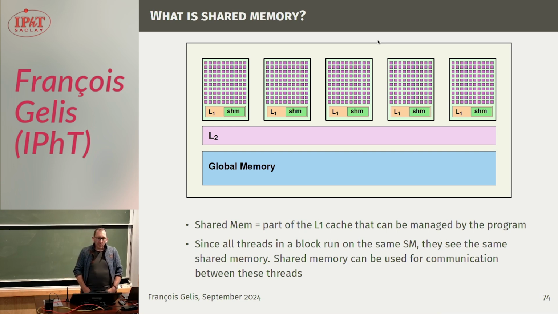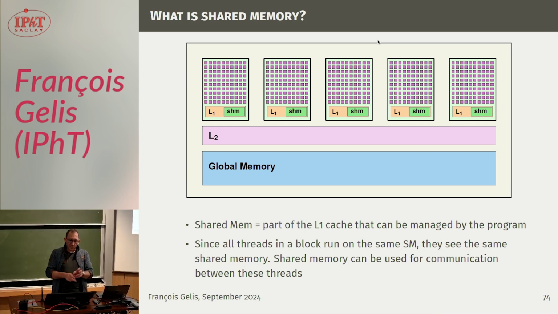So shared memory can be used as some intermediate buffer where you put your data, and then from shared memory you read it in the order that the GPU likes to maximize the bandwidth. So you will see how that works.